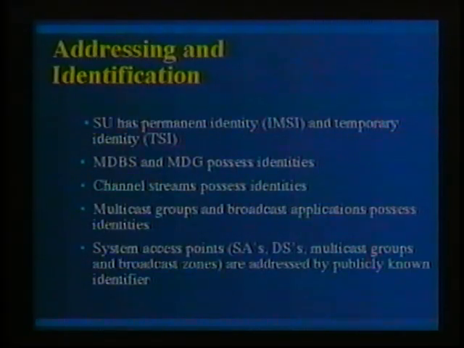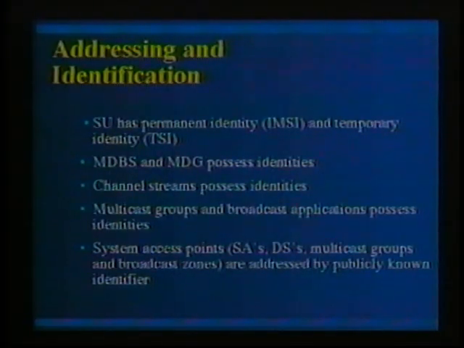The objects that we're talking about across the air link are the subscriber unit, the MDBS, the MDG, and the channels between them. And within the protocol, we identify them with some internal identifiers, which Kirk essentially introduced earlier.